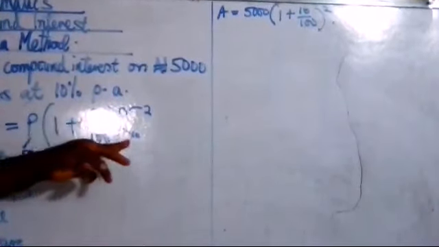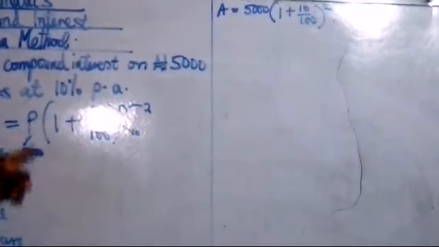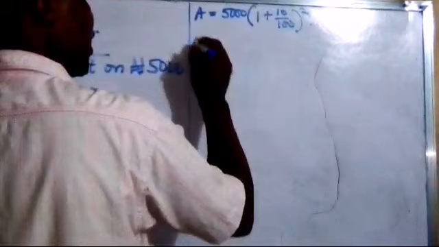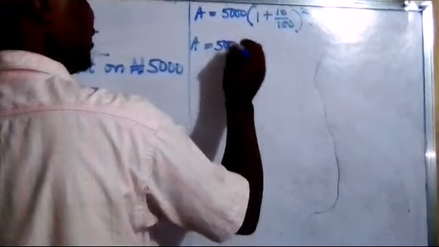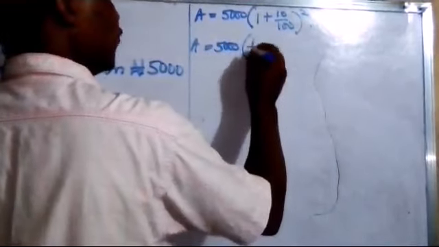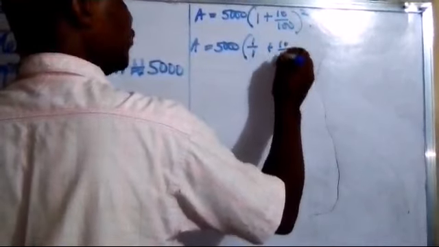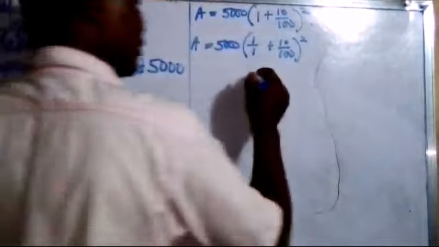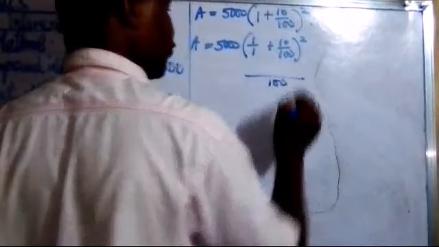Remember our R is 10, N is 2, our principal money is 5,000. Now, let's work here. So we have that A is equal to 5,000 into the bracket of 1 plus 10 over 100 all raised to power 2. Now, our LCM is 100.